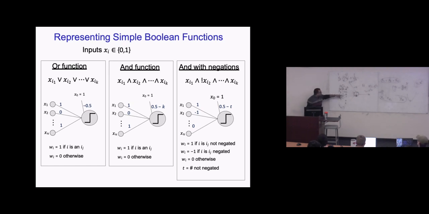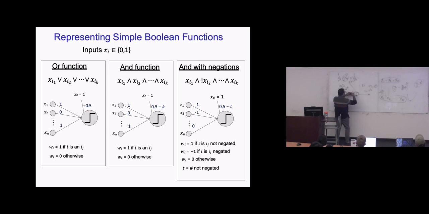So the only time this neuron will fire is when this is equal to 1, this is equal to 0, so not x3 equals 1, and x5 equals 1. Then you will have 1 plus 1 minus 1.